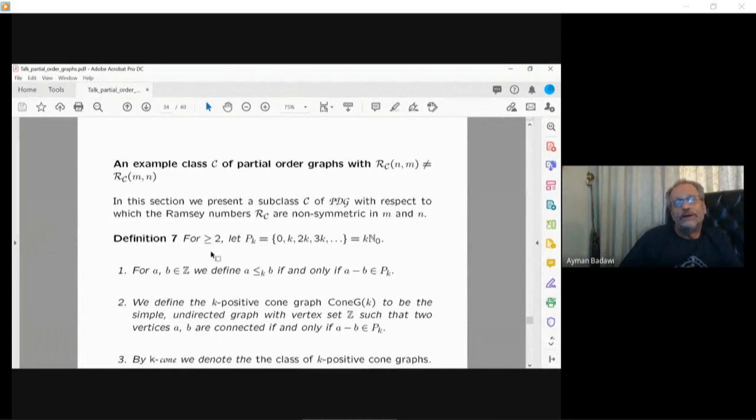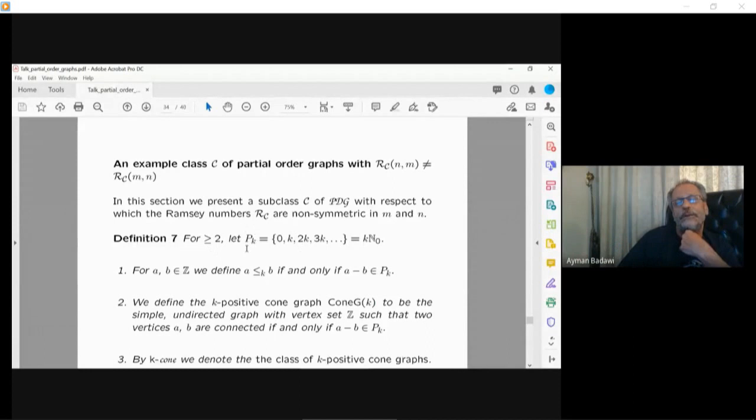Here you choose k to be bigger or equal to 2, and P_k will be the positive multiples of k. For example, if you take k to be 3, then you take the positive multiples of 3, like 0, 3, 6, 9.